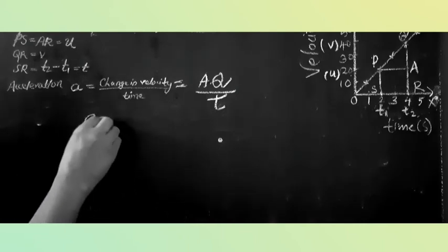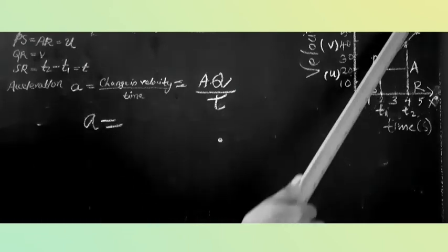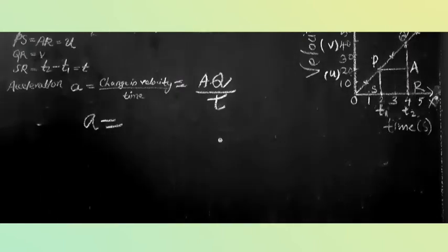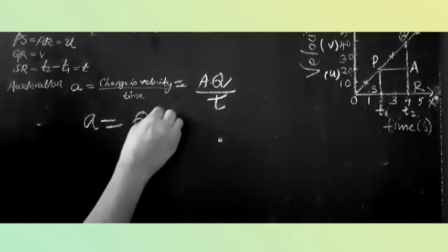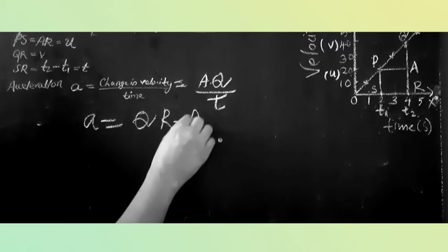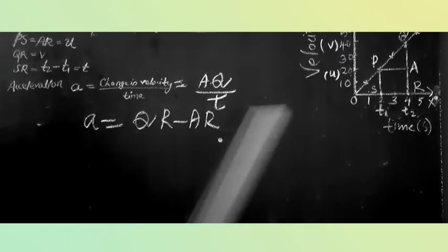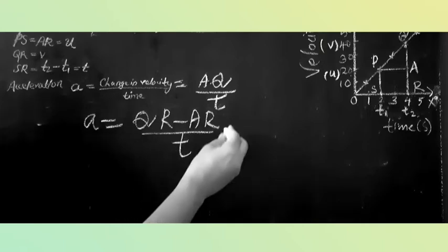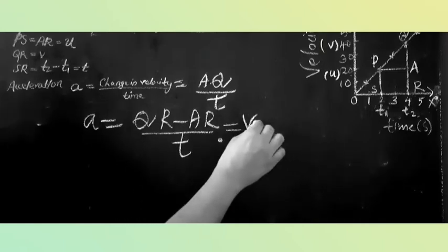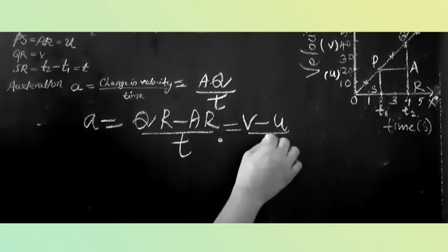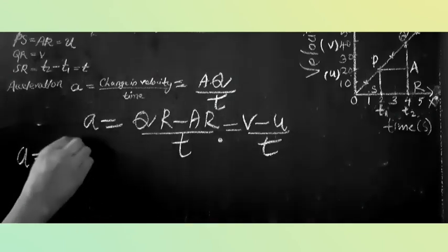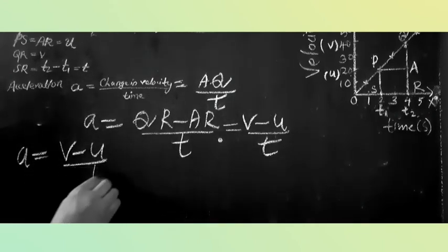So a is equal to AQ, which is QR minus AR, divided by SR, which is time t. That is, a is equal to v minus u by t.